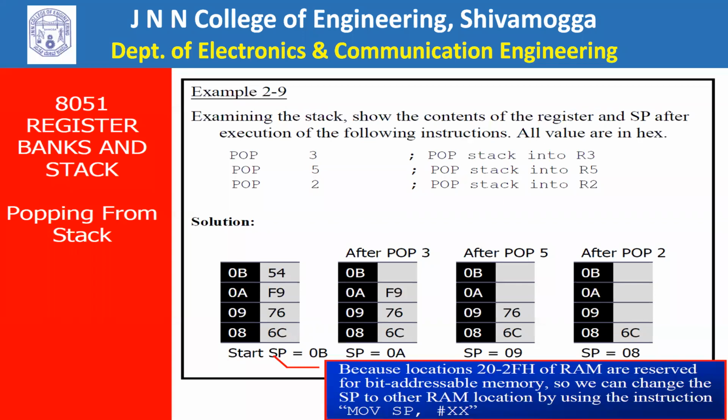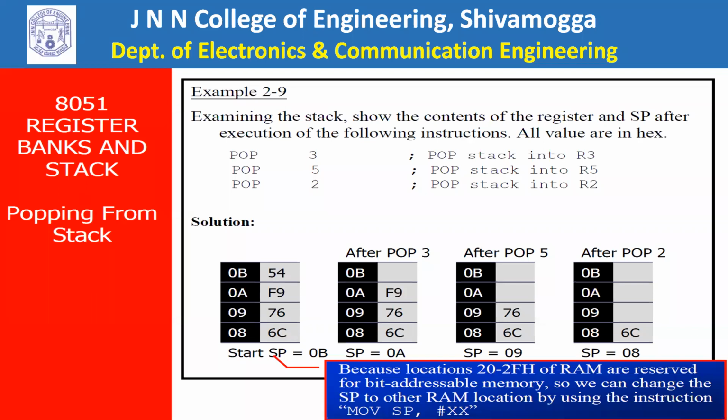Once your register bank 1 is over, if you want to change the stack pointer location to some other area, that is after 2F, between 30 to 7F, that area you can use as the stack. For that you can use the instruction MOV SP and change the RAM location. You cannot use 20 to 2F because it is reserved for bit addressable memory. Very, very important.